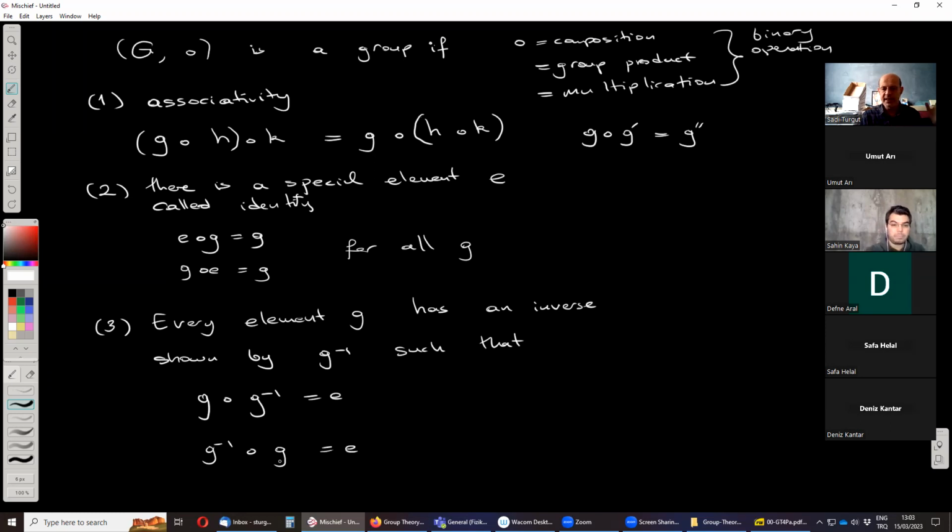Okay, so these are the three basic axioms of a group. So mathematicians basically assume that only these properties hold, and then based on these, they just try to derive various properties of the groups.